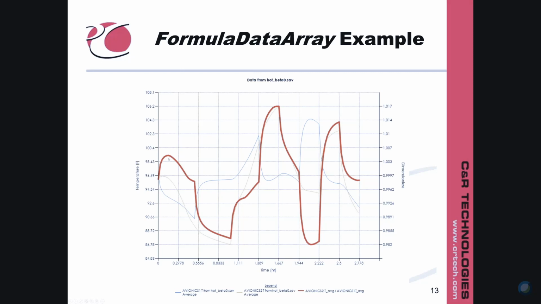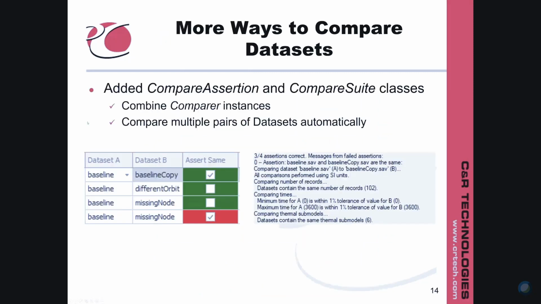And of course, it probably doesn't make sense to divide degrees Fahrenheit temperatures. So when we defined the formula data array, we told it, when you perform your operation, do it in Kelvin. So it doesn't matter how we're presenting the information. We tell it, when you perform this operation, do it in Kelvin. And so it does.